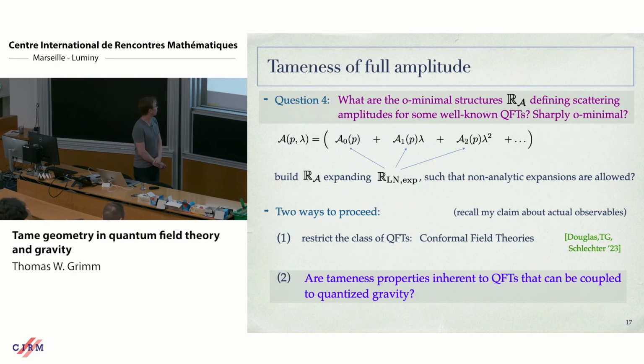There's another way of proceeding, and it's actually not unrelated to the first, but to explain this would be extremely challenging. Actually, the tameness properties are not present in all quantum field theories, but only those which can be coupled to gravity, to quantum gravity.